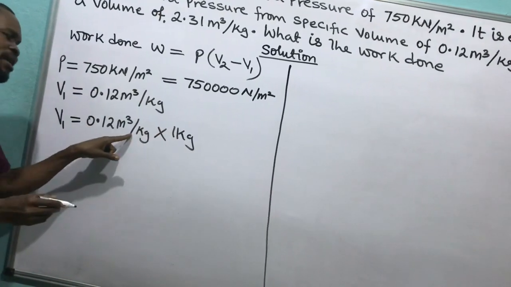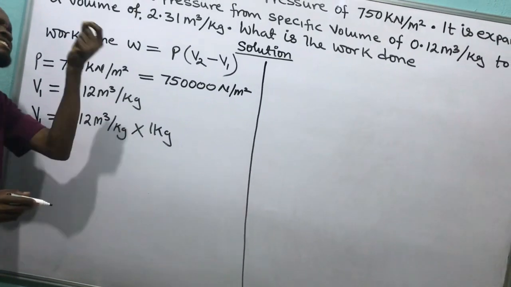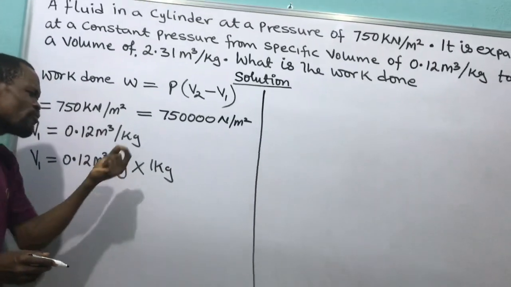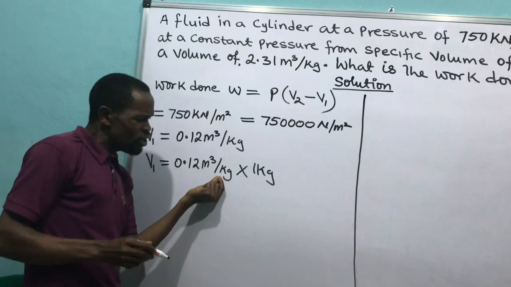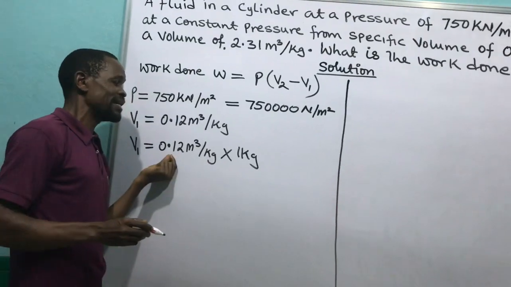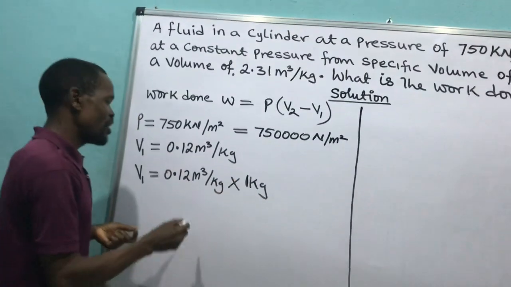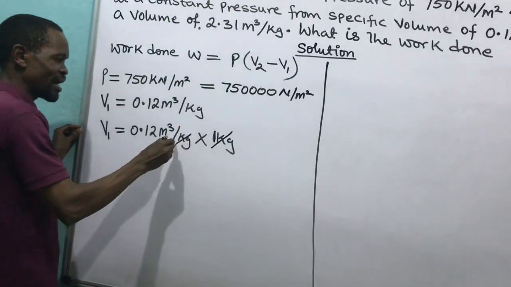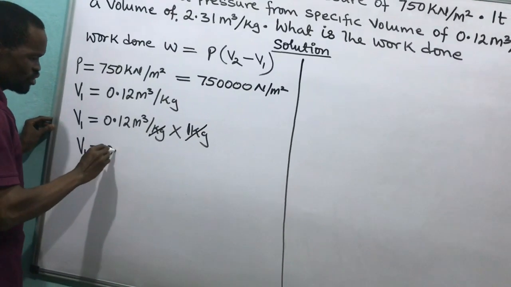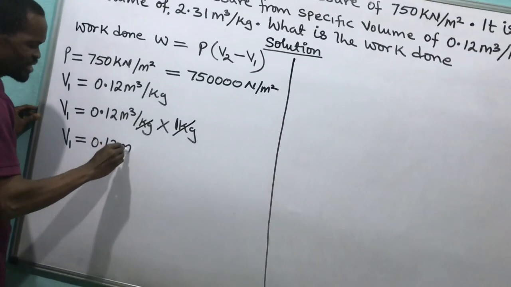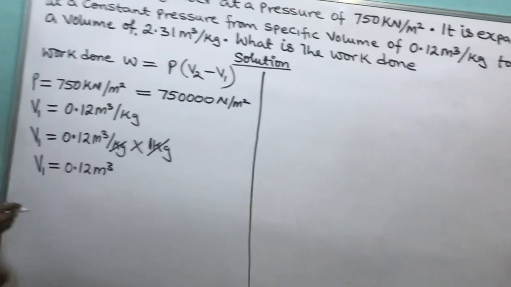This is per kilogram, meaning the volume that 1 kilogram of the fluid can occupy. The kilogram cancels the kilogram, and that gives me V1 equals 0.12 meter cube. This is the actual volume.